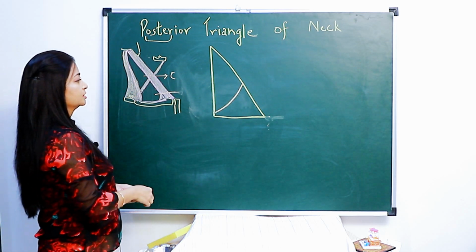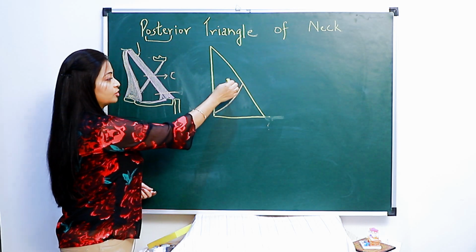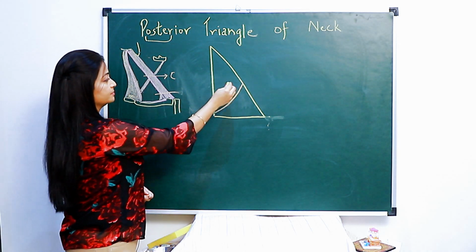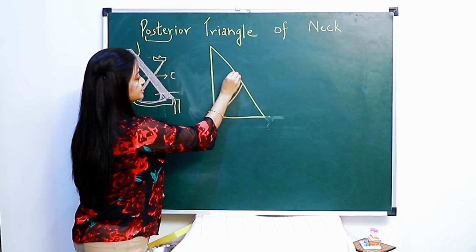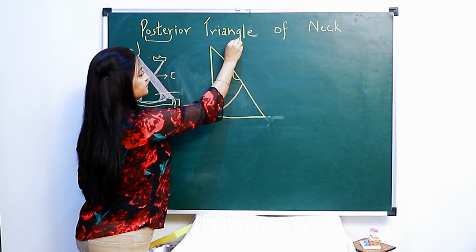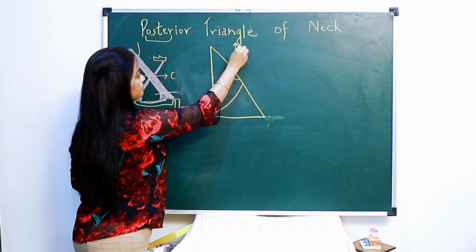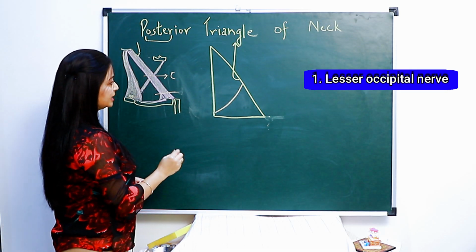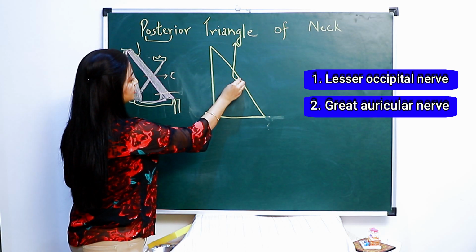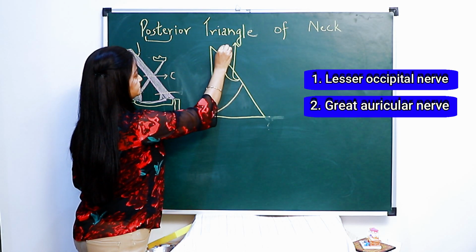So from roughly the middle of the sternocleidomastoid muscle, some cutaneous nerves emerge like this and supply the region of the head and neck. Number one is the lesser occipital nerve. The second nerve will be the great auricular nerve.